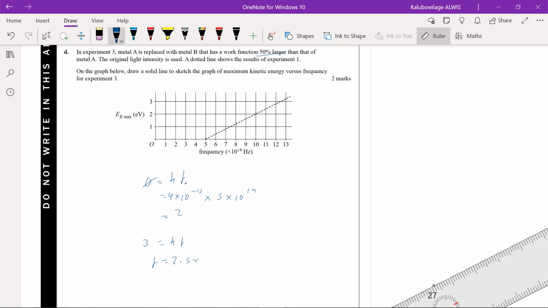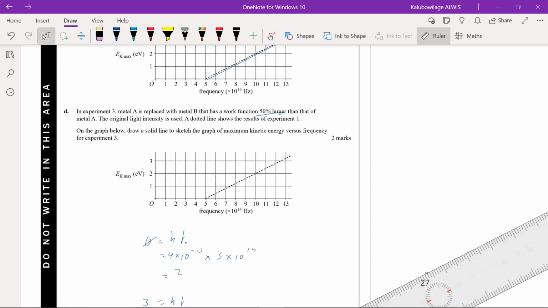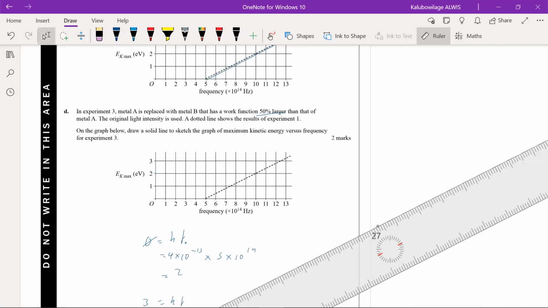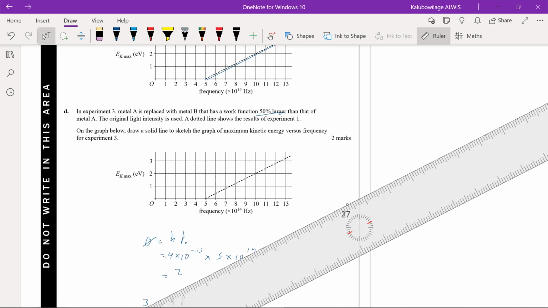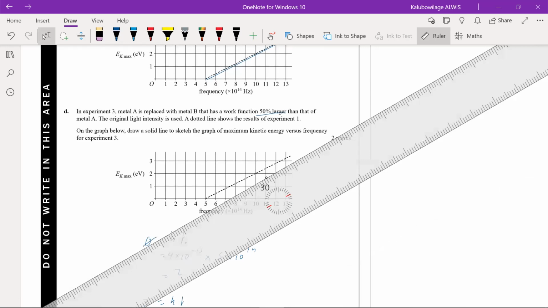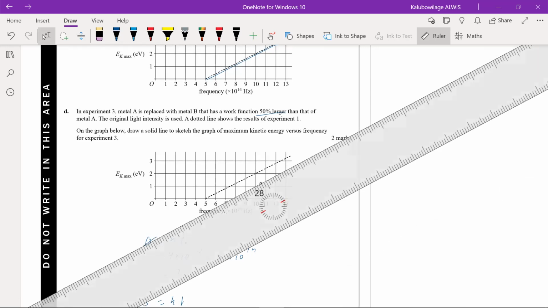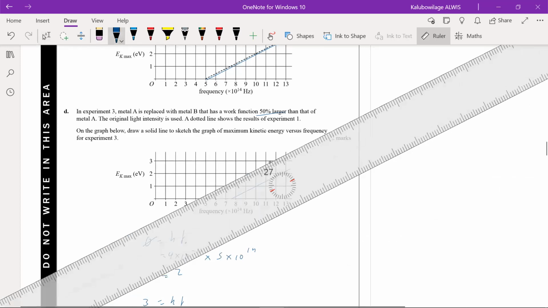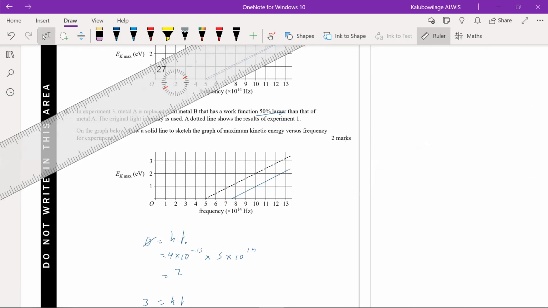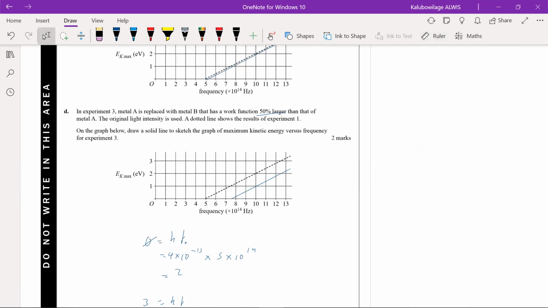It's going to be 7.5 times 10 to the power 14. So just draw one of those. You'll have to get the gradient right as well, but it's close to 7.5. Make sure the gradient's correct. If you get this value, then you get the same Planck constant and gradient.